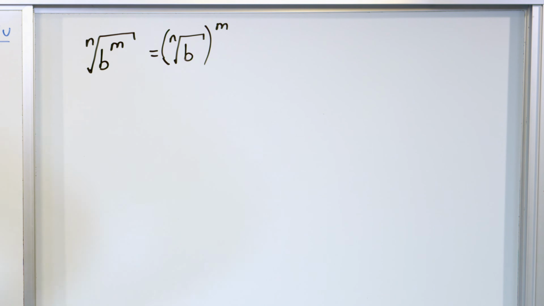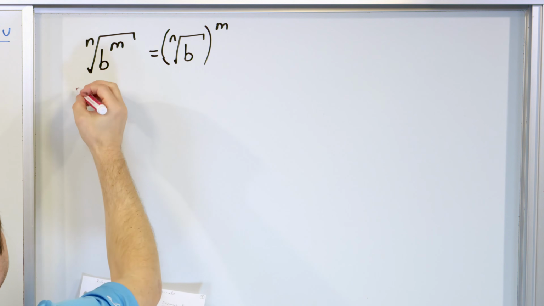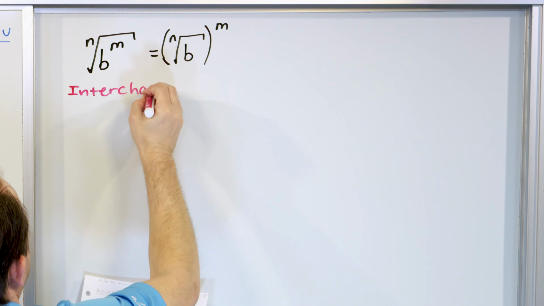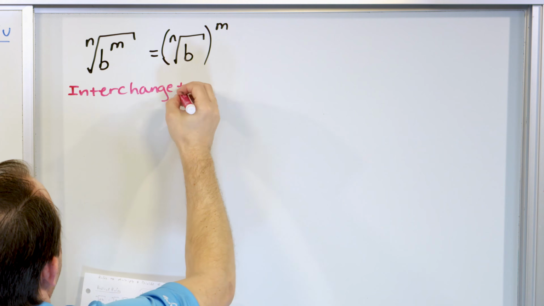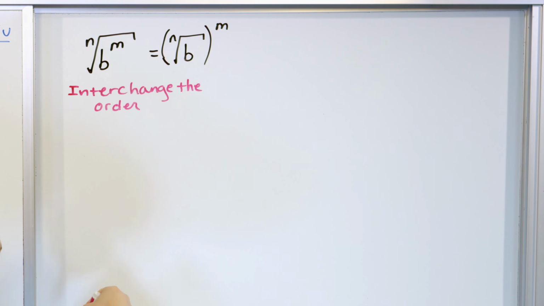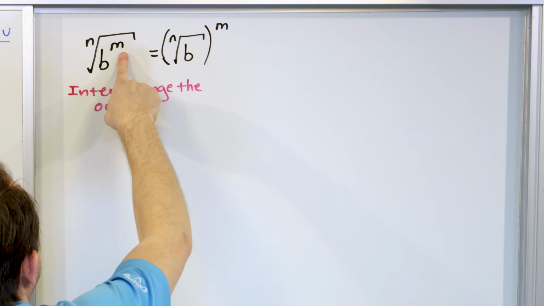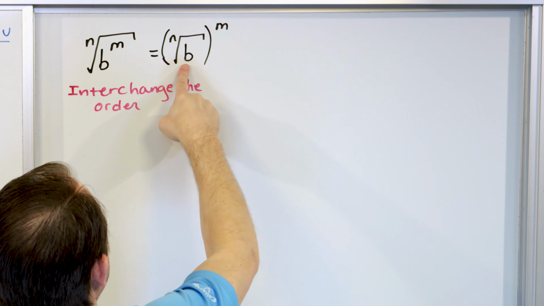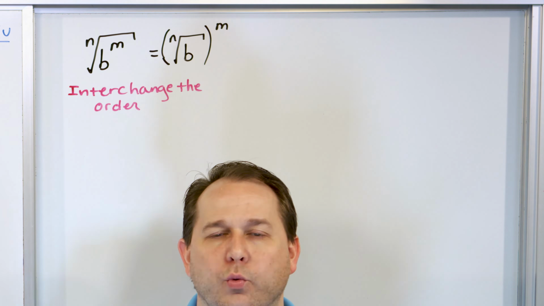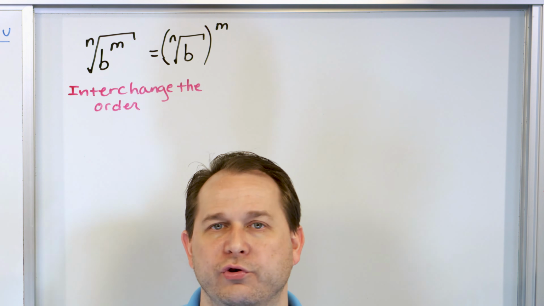So what you've basically done is interchange the order. Here I did the exponent first, then the root. Here I did the root first, and then the exponent. What this property is telling you is it doesn't matter which order you do those.